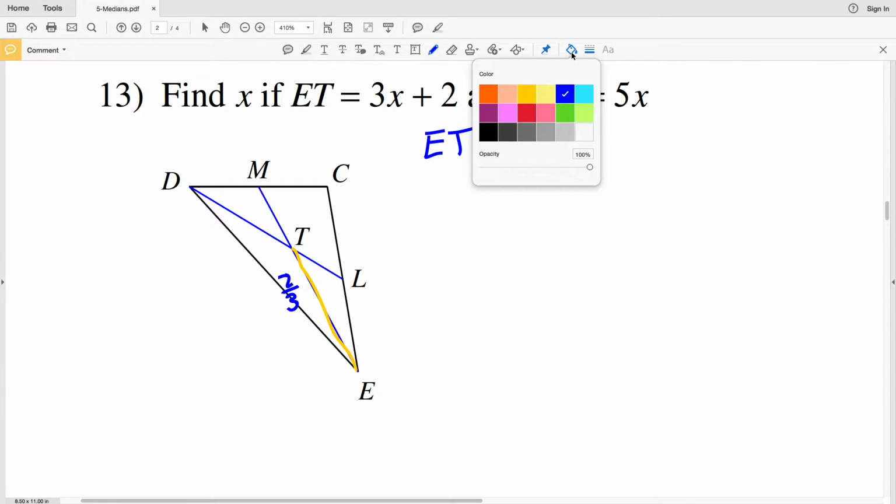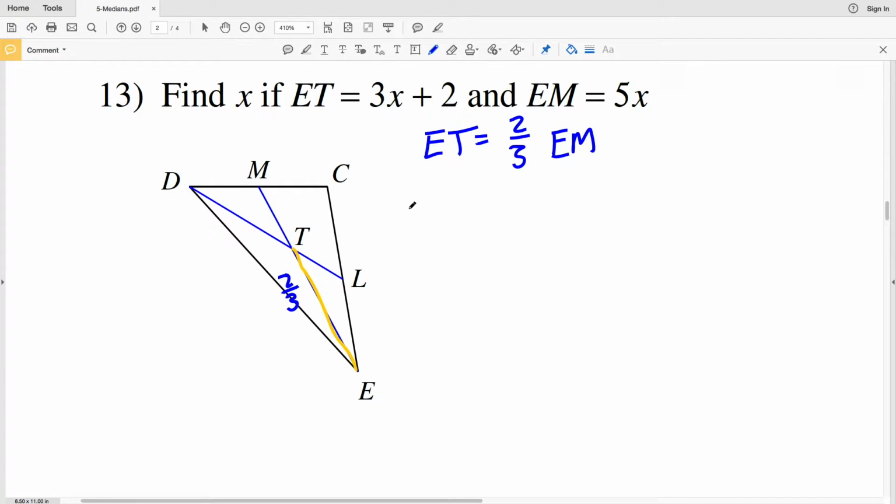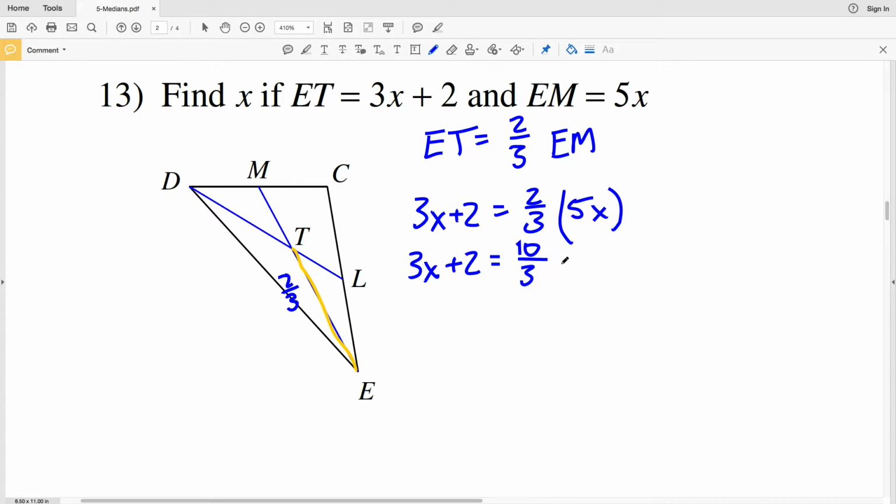So now I'm going to plug in my equations. ET is 3x plus 2, and that's equal to 2/3 times EM, which is 5x. And now I'll simply solve for x. 3x plus 2 equals 2/3 times 5x, which, 2/3 times 5 is 10/3 x.